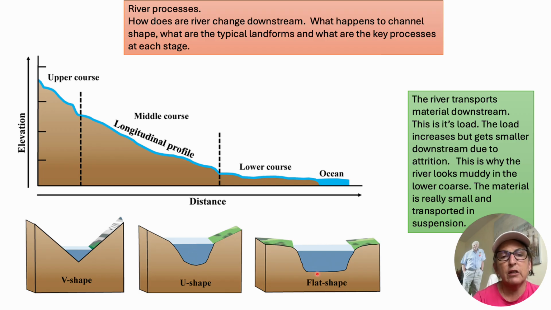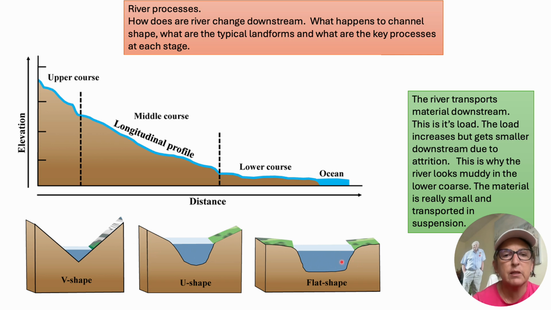And then eventually in the lower course, it's a much flatter shape. But again, don't be confused about the fact that because it's flatter, it's shallower. It isn't, okay? It's much shallower here, then it gets deeper, then it's very deep. So it gets wider and deeper with distance downstream.